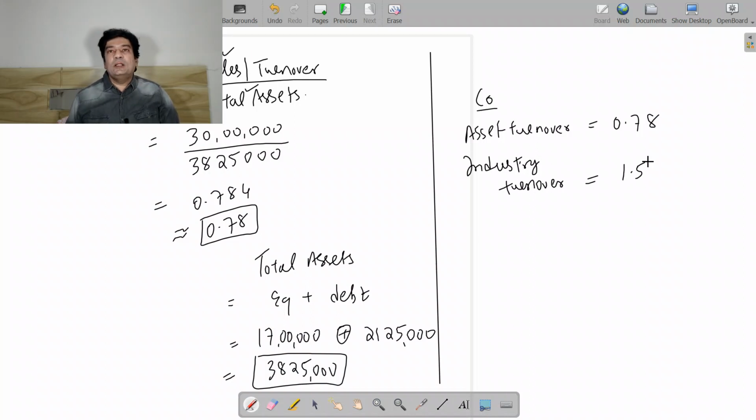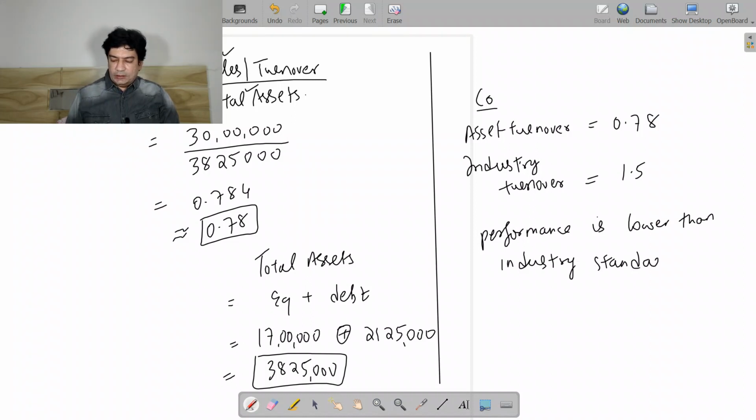It means the industry has a good turnover ratio, which is 1.5. So our turnover is less than the industry. So our performance is lower than the industry standard.